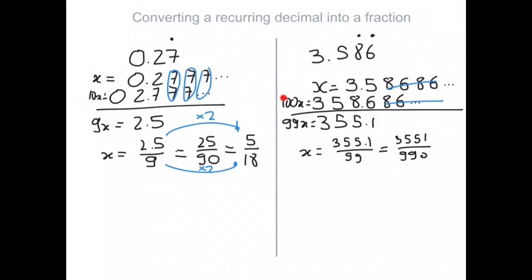If there are two, by 100, and if there are three, by 1,000, etc. And then, once you've done this, a suitable subtraction will enable you to get rid of the decimal part, and this will help you find the correct fraction to which your initial number was equal. I remind you that it's this x we're after, because we called this number x in the first place.